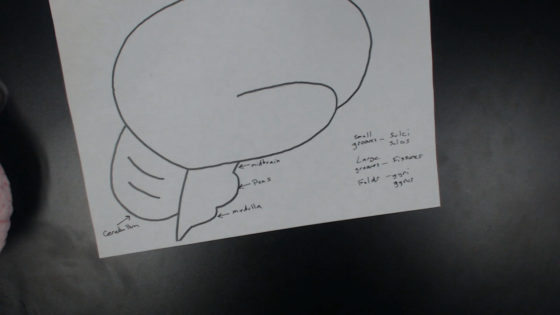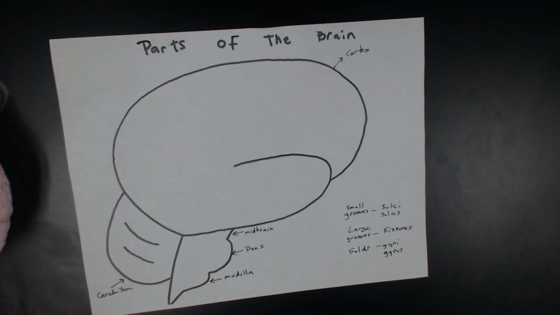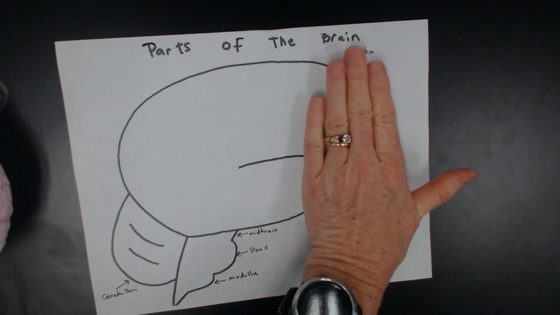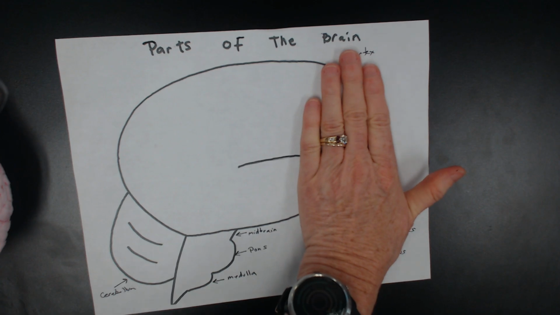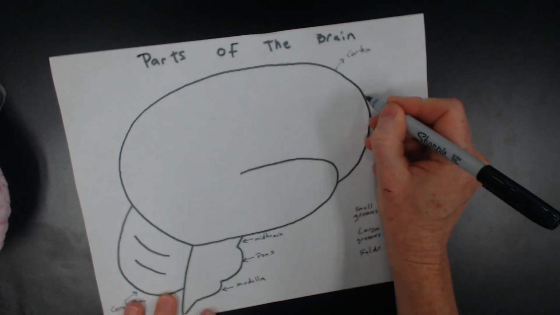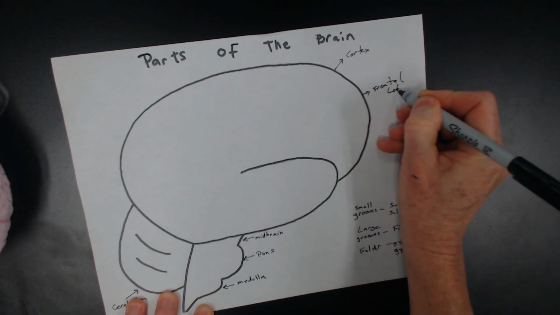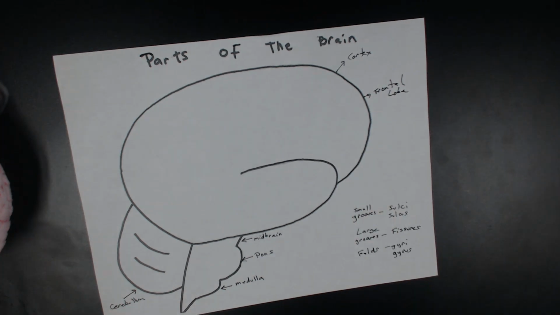Now, as far as the brain itself, it has different lobes that we need to consider. If I want to talk about the lobe here that's most anterior, does anybody know what that's called? That's your frontal lobe. Great. As far as the frontal lobe is concerned, what's it associated with?